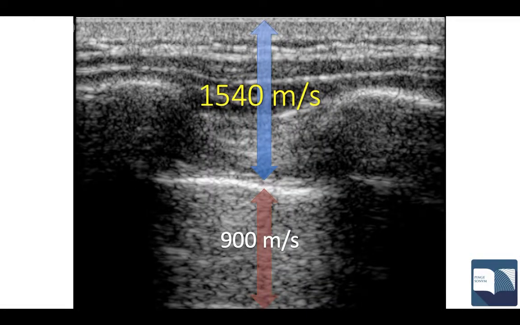That is because the ultrasound machines we usually use are conceived to study ultrasound with a speed of 1540 meters per second. That is the average speed of conduction of the soft tissues. Lung has a lower speed of conduction because it's lower density and lower impedance. So ultrasound machines are not conceived to study the lung.